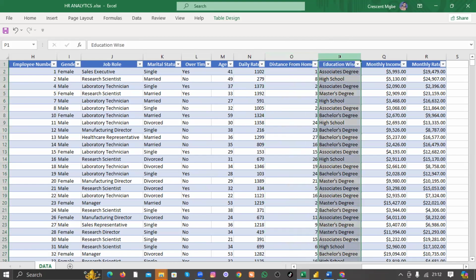Then education wise, they want to know the certification you have, the degree you have. I think they use this degree most of the time to determine salaries because you cannot just hold a high school certificate and then someone that is holding a master's degree, you'll be earning higher than that person.